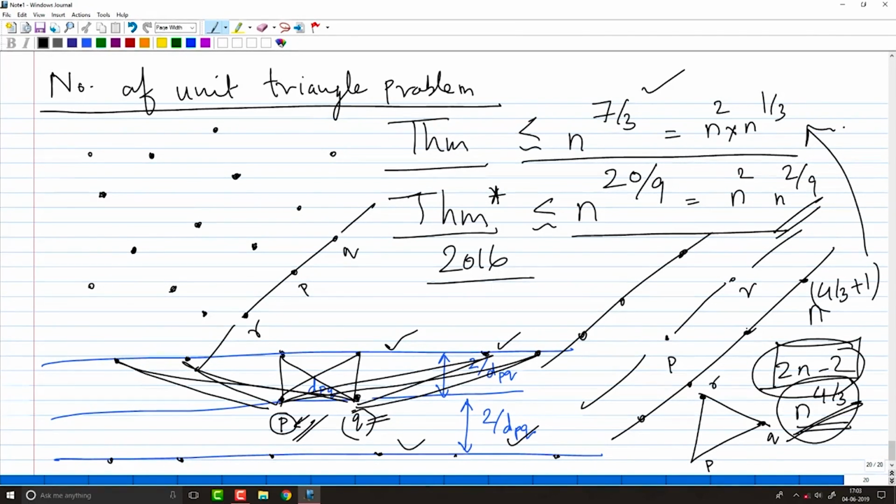So by the way, I will end with this. What will be a lower bound for this? Let's say I place n by 2 points, unit away from each other, on one parallel line.